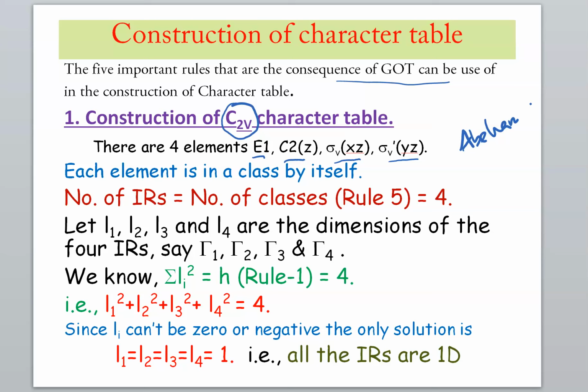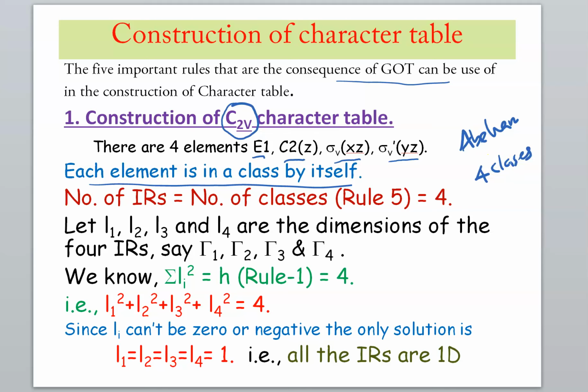Therefore, each element is a class by itself. That means E is a separate class, C2 is another class, sigma v xz a class, like that. So how many classes are there? There are four classes in the C2v point group.